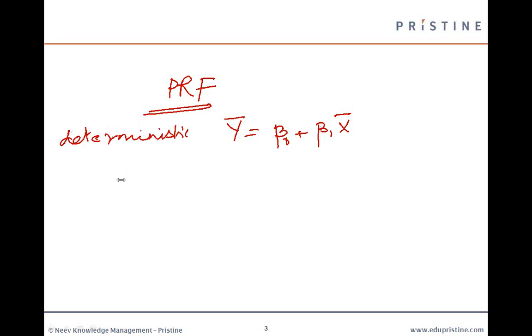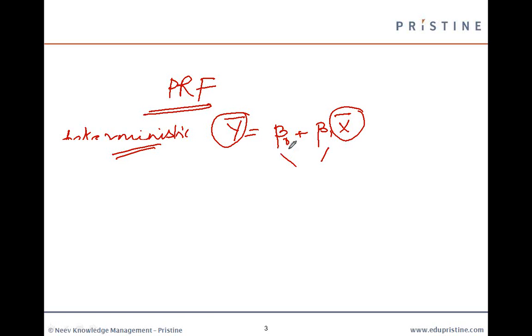In other words, my whole regression analysis can give me one equation deterministically. Deterministic means there is no random variable, there is no uncertainty, and my mean change of dependent variable can be explained in terms of mean change of independent variable, through some constant, through a straight line equation.